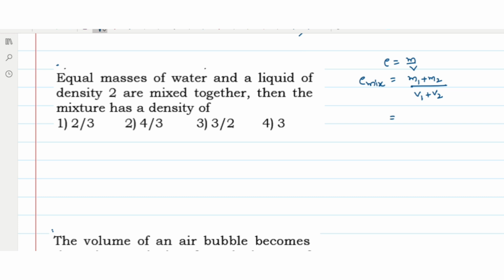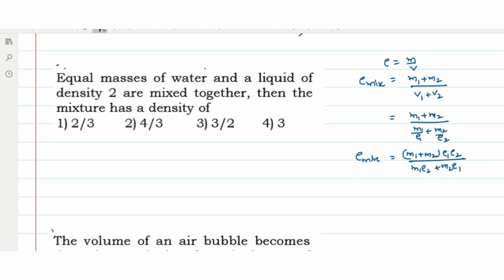Then this is equivalent to m1 plus m2 by volume. They are not talking in terms of volume here; in terms of mass and density you have to bring it, so m1 by rho 1 plus m2 by rho 2. Then the density of the mixture, when you take the LCM, is m1 plus m2 into rho 1 rho 2 by m1 rho 2 plus m2 rho 1.